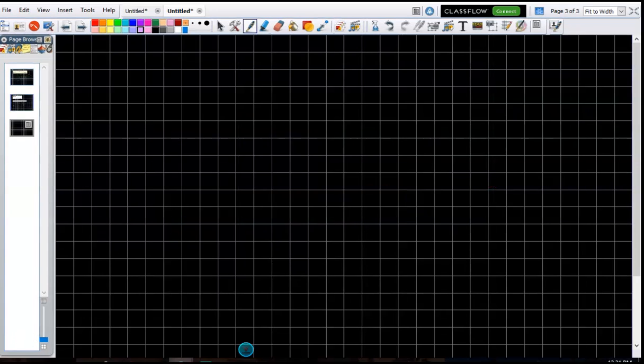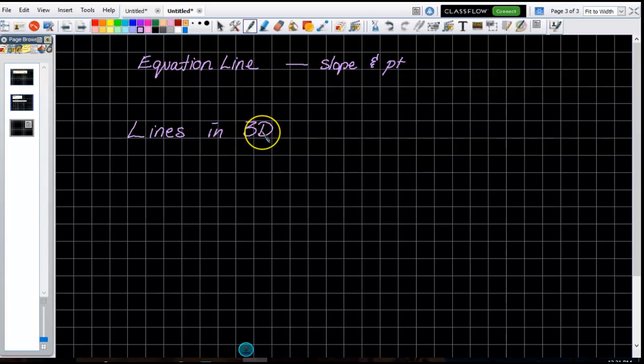When we did two-dimensional stuff, and we had equation of a line, what two things did we need to find the equation of a line in 2D? Slope and a point was needed. Well, now we're going to be looking at equations of lines in 3D. What two things do you think we'd need? Instead of slope, direction.